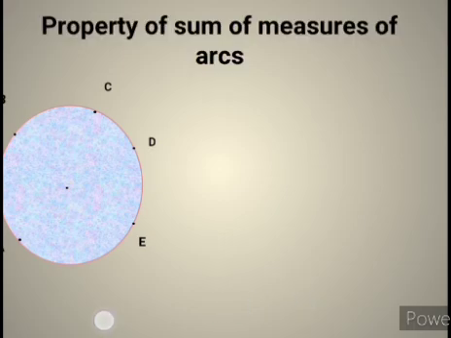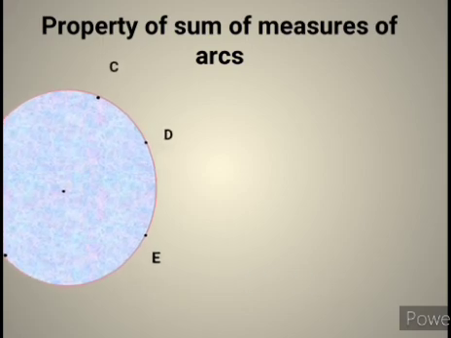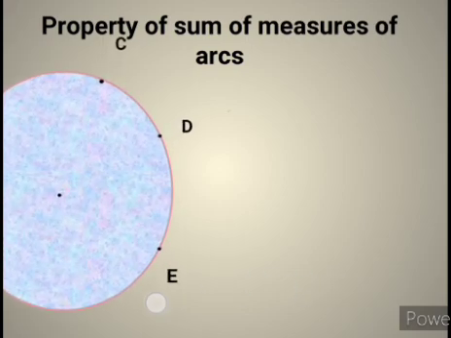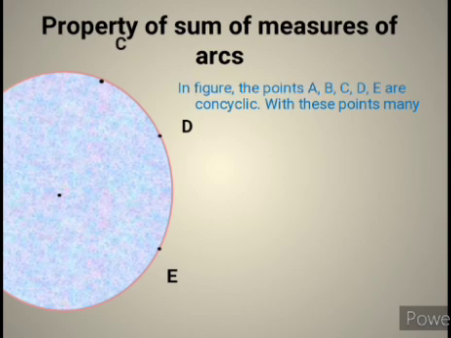Here is another point we have to study now: property of sum of measures of arcs. In childhood we played some games where we took some parts of a bangle, and collected them in a circle; each part is called an arc.